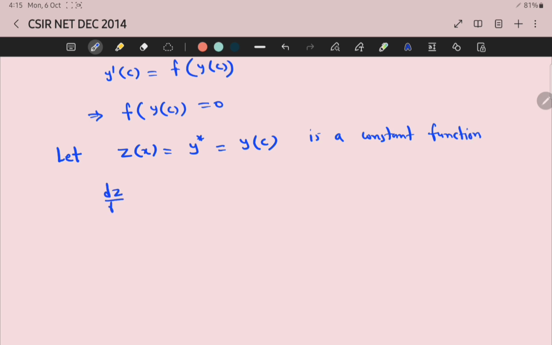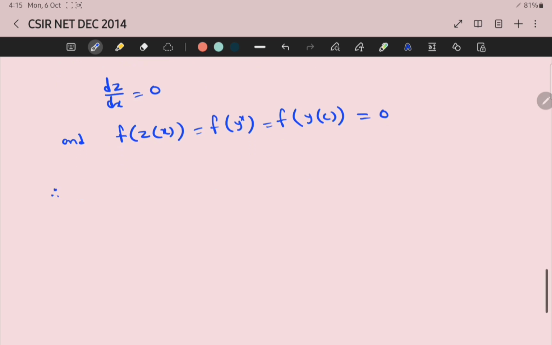Its derivative with respect to x is 0 and f of z(x), that is f of y star, or we can say f of y(c), is equal to 0. Therefore, z(x) is a solution to the ordinary differential equation dy upon dx equal to f of y.